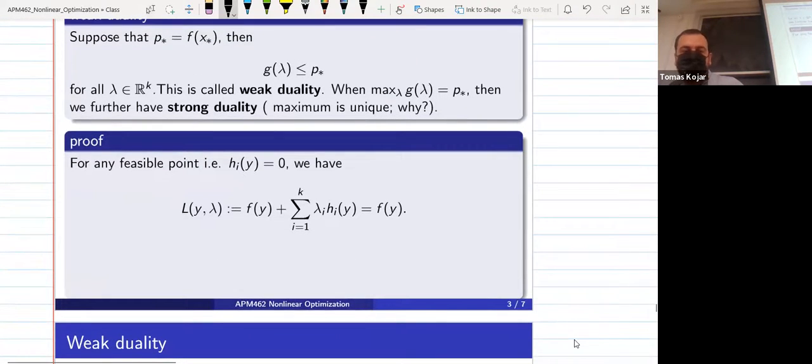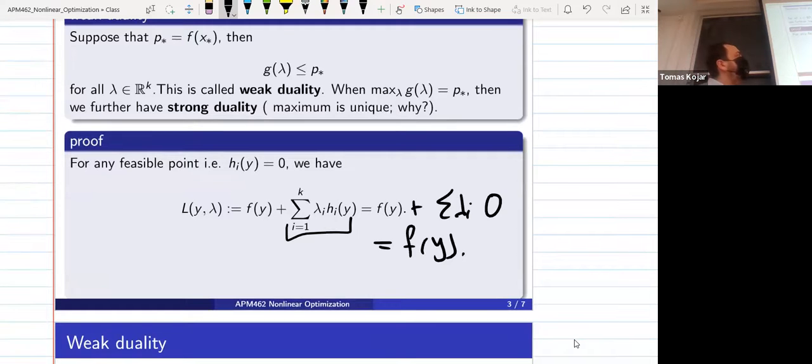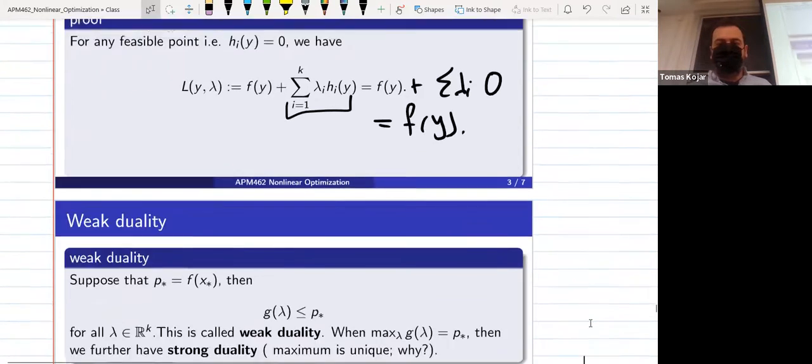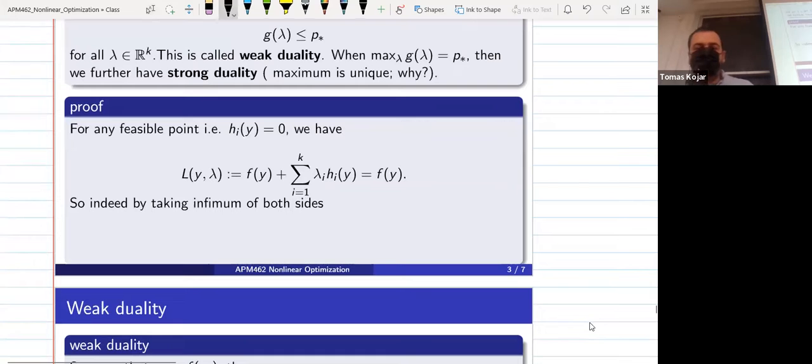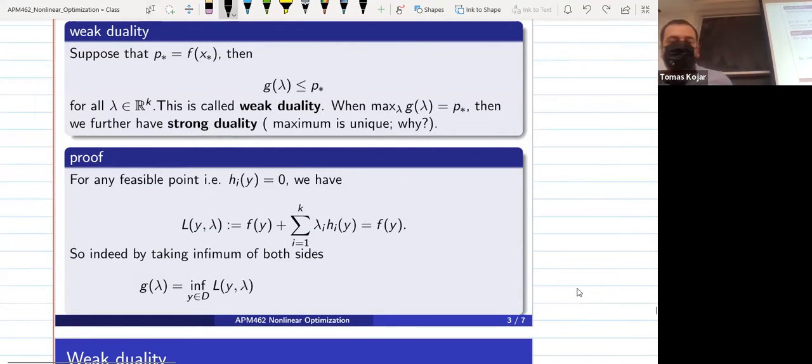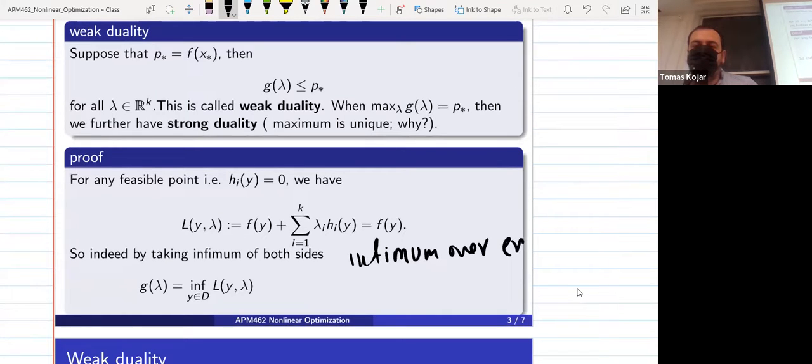We have f of y plus the summation of lambda i hi, which is 0, so it's just f of y on the feasible points. So now taking the infimum over the feasible, let me just, I haven't written it, taking the infimum over the entire domain.